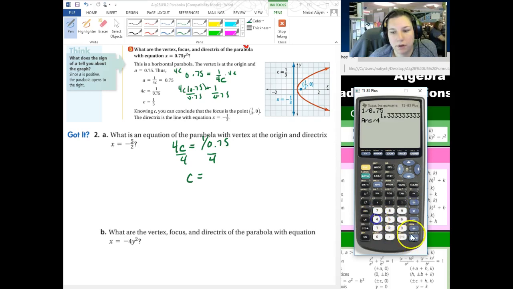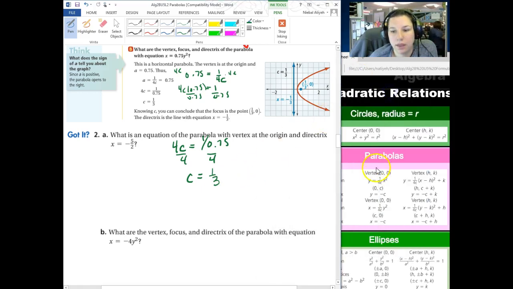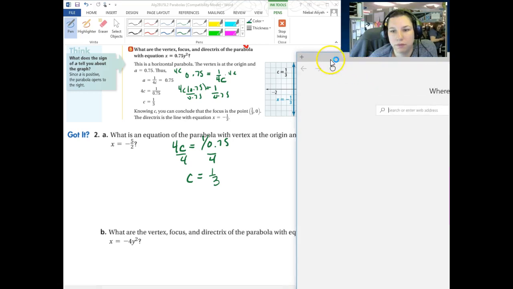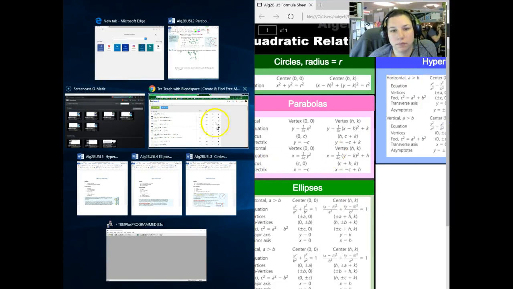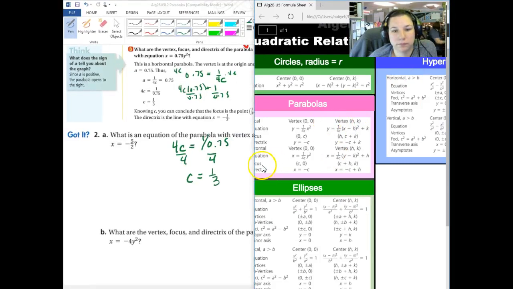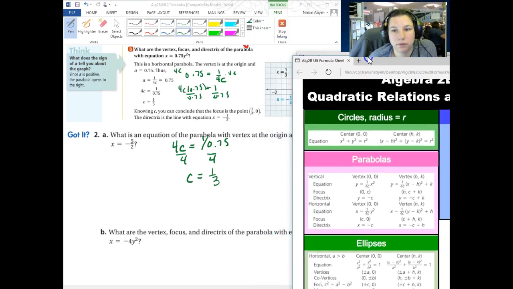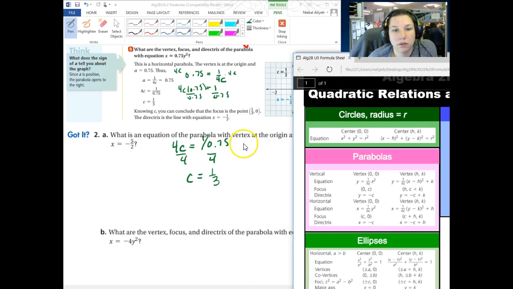And dividing by 4 again. And then we can change that back to a fraction. So c is 1/3. And now I want to fill out the rest of the information. They wanted to know the vertex, 0, 0.